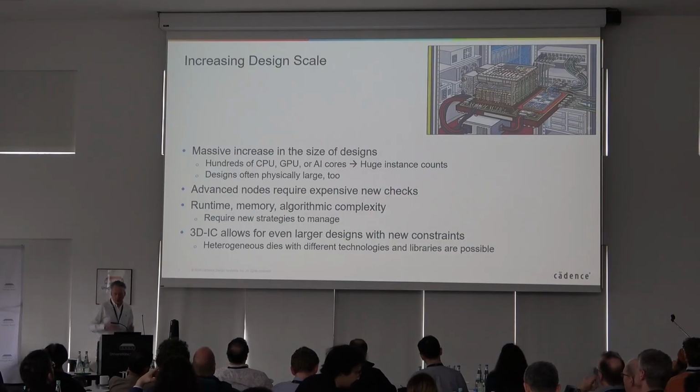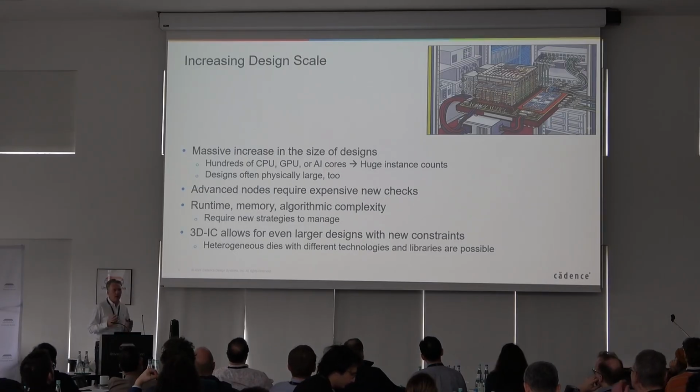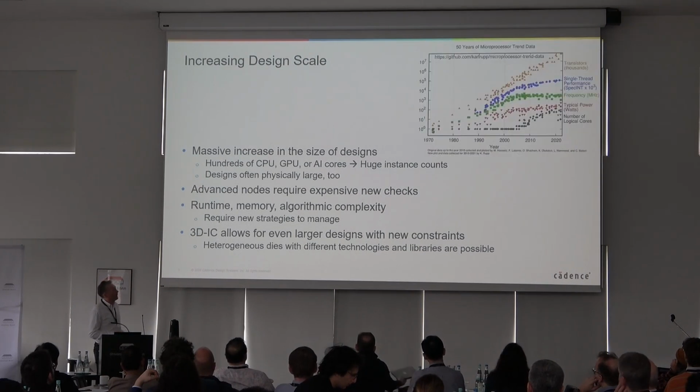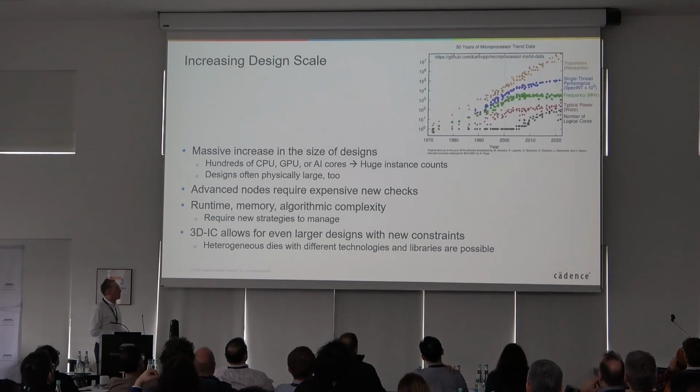Design scale. So what do I mean by that? We've seen a huge increase in the size of designs, in many different dimensions. So apologies for showing the graph again. But basically what you see is that the number of cores has increased, whether that's CPU cores, GPU cores, AI cores, whatever.